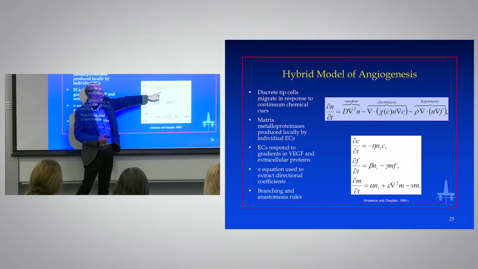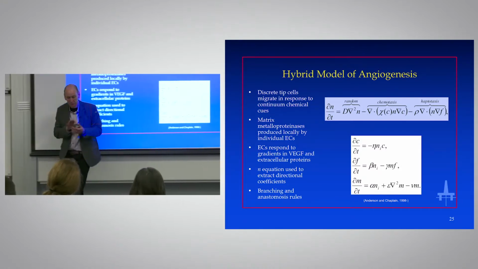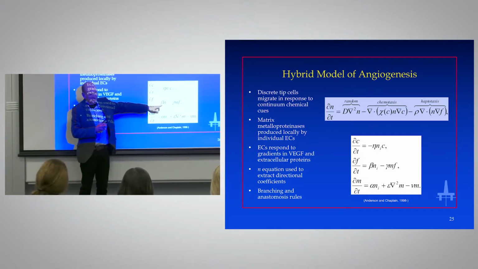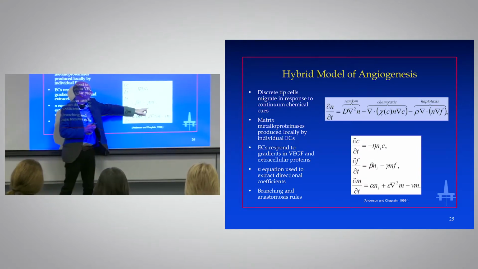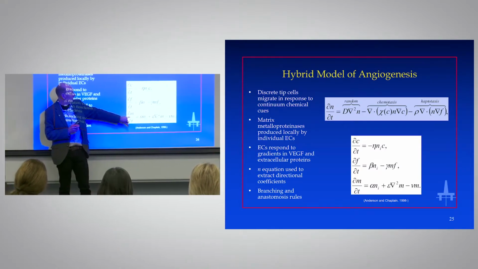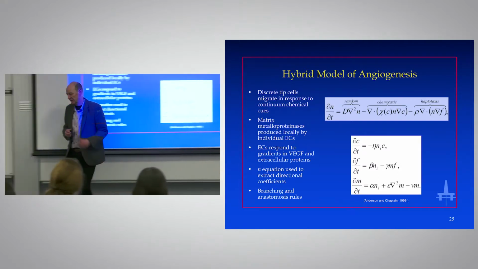So the tip cell, Ni, so it's taken up. So this is decreasing as the capillaries grow in the tissue. The fibronectin is being produced by these tip cells and is being degraded by this M, which is the protease, the matrix metalloproteinase, which is produced by the tip cells. It diffuses, and there's some natural decay.